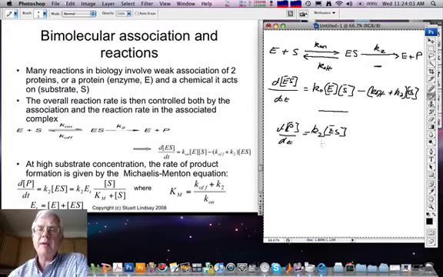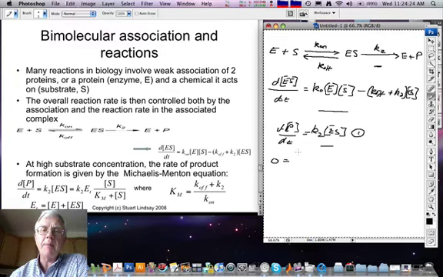The second thing we're going to say is that if the concentration of enzyme and substrate is very high, then this overall reaction rate here is going to be 0 because the concentration of the bound complex, enzyme and substrate, is not changing significantly with time.